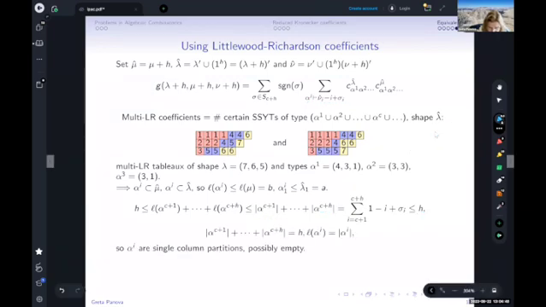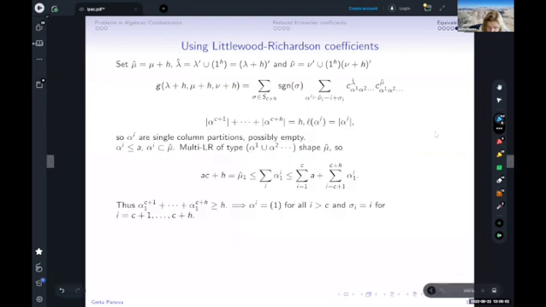And what else do we need to have? Well, we need to have equalities everywhere, which means that these alphas are single columns. And now we can argue in a similar way and show that the alphas have to be single rows.